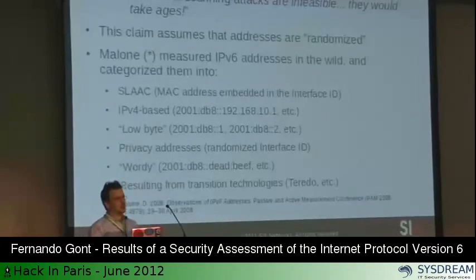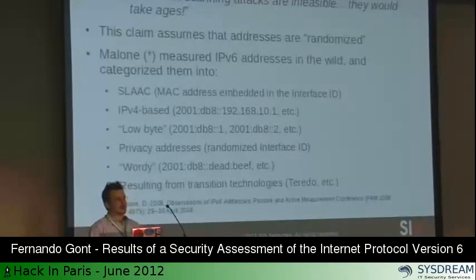Usually the reasoning with which these people come up with those big numbers is that they assume that the interface ID is randomized. So if you think of interface IDs as being 64 bits long, and you assume that the attacker would have to try every possible address in that subnet, then in those cases, yes, it would take ages for a host scanning attack to be performed.